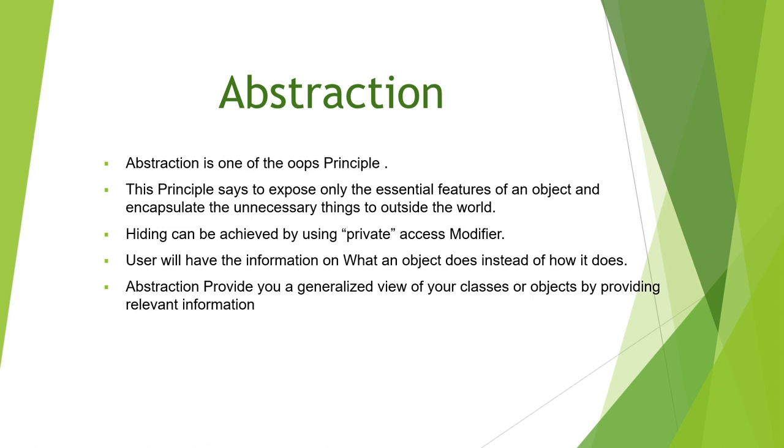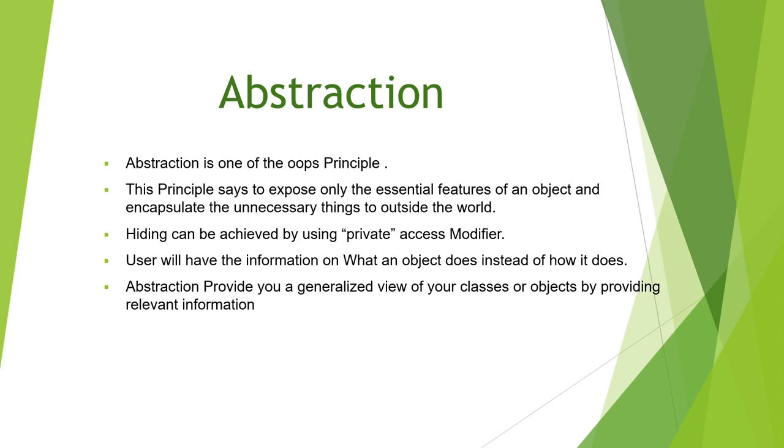So, what is abstraction? Abstraction says that the user or the client will have access to only the necessary things and the complexity will be hidden. So for example, you use a remote for operating a television, right? You press the button, you change the channel, but you don't know how it is working.